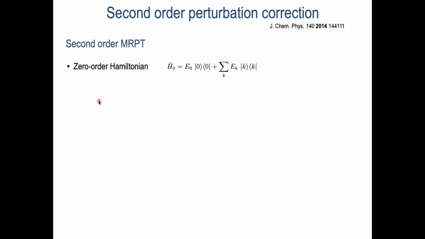Basically, we define a zero order Hamiltonian where we have the zero order states and then excited states K, and that allows us to define an energy functional where we have the CI energy of the zero order wave function, including hole and particle contributions, and then a correction that looks like a typical MP2, but that runs for all excitations beyond hole and particle contributions, the ones that are not in our truncation.